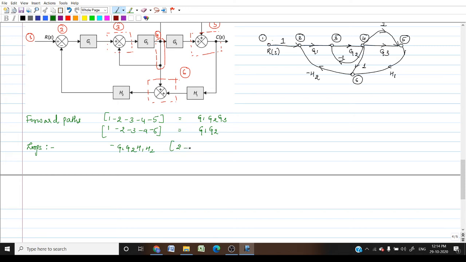Next we have minus G1, G2, H2. This is from 2 to 3, 3 to 4, 4 to 6, and then 6 to.